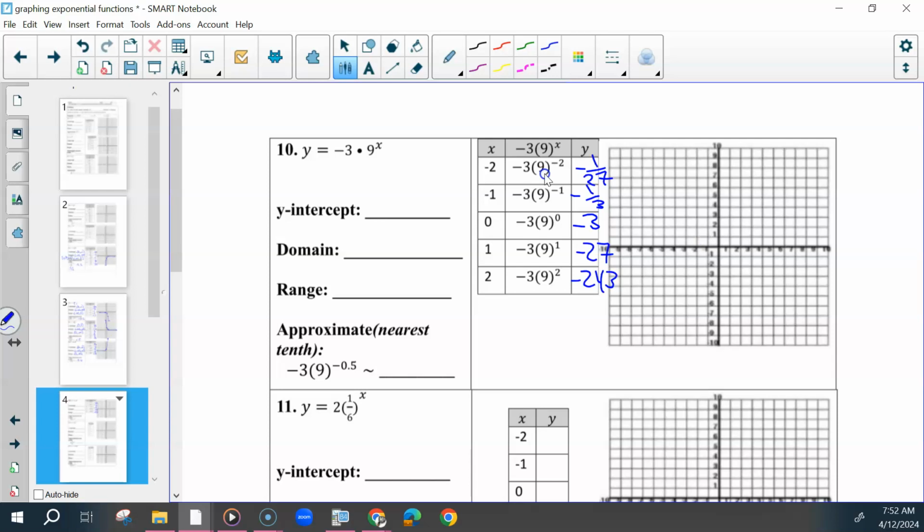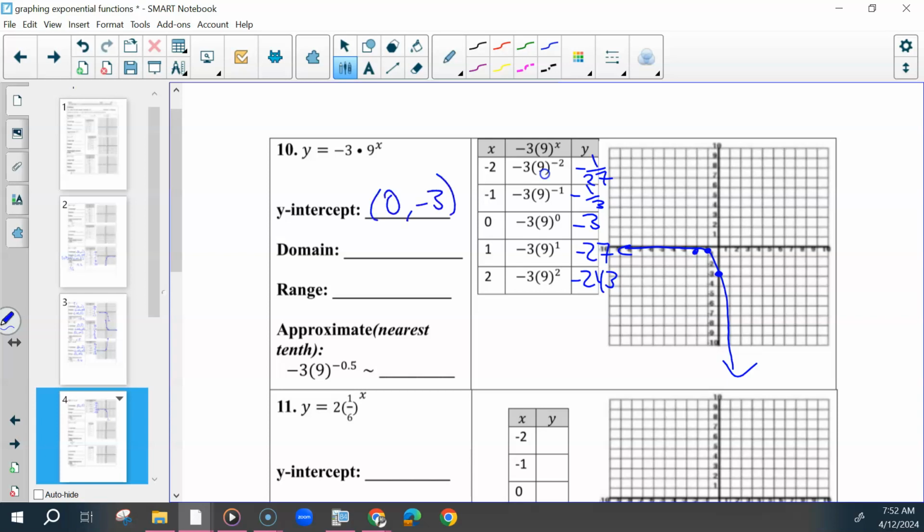Oops, that was wrong. Okay. The rest we wouldn't really be able to graph, so you're just going to assume where the rest would fall. What's our y-intercept? 0, negative 3.